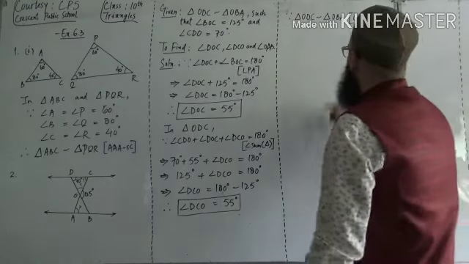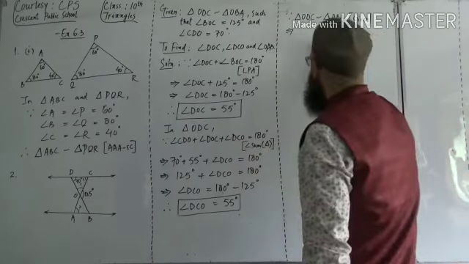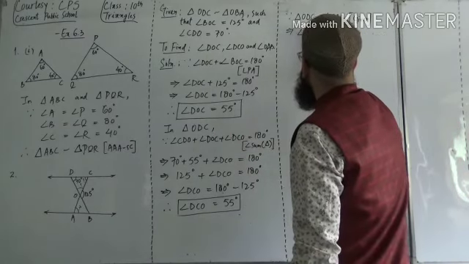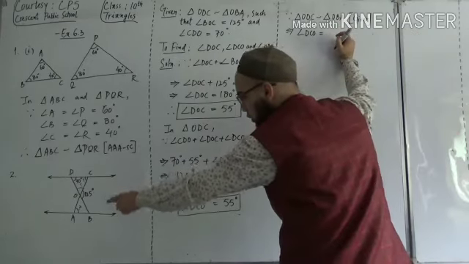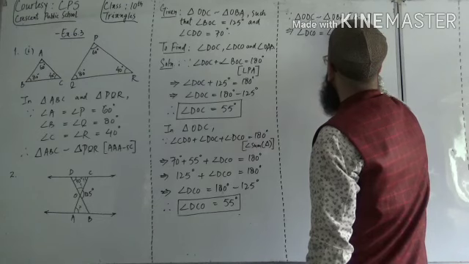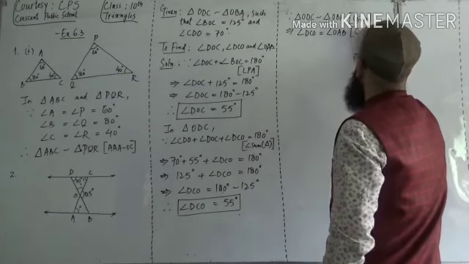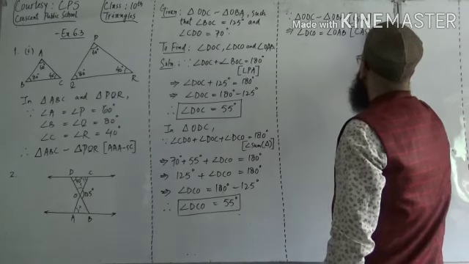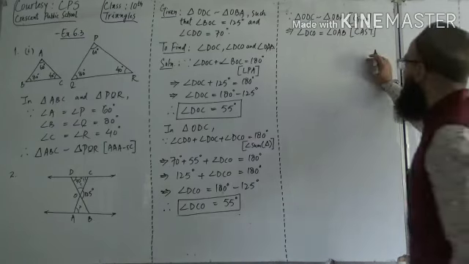Got it? Which implies that I can say angle DCO is equal to angle OAB. Why? It is CASTC, corresponding angles of similar triangles, they are equal.